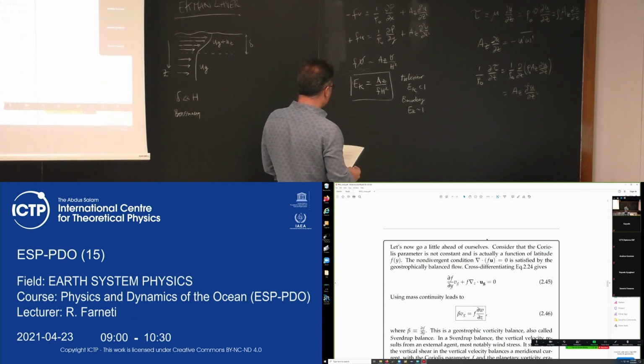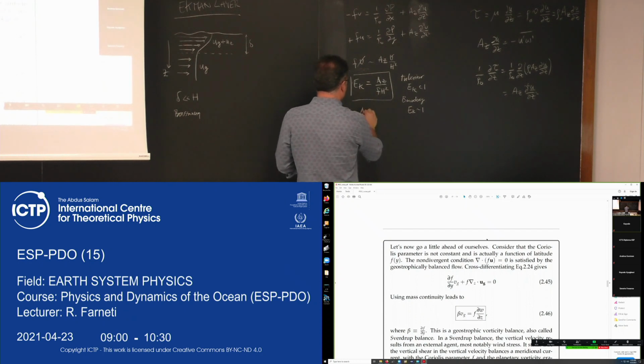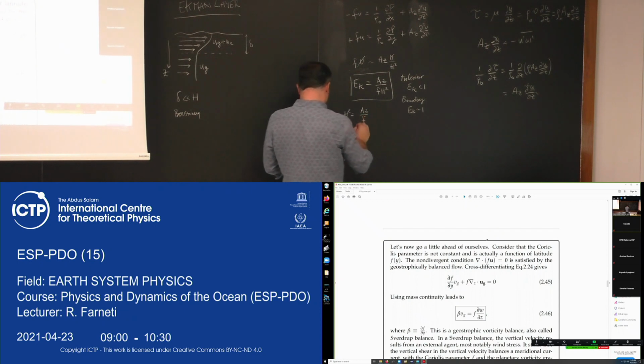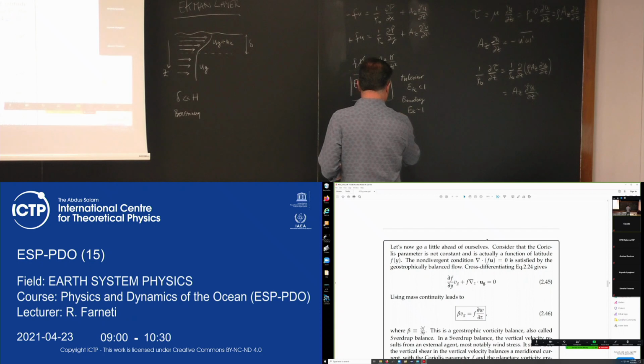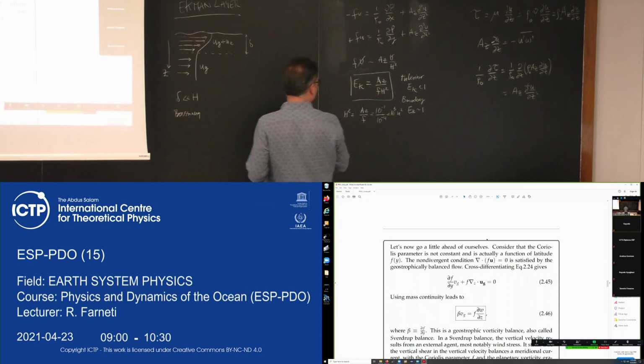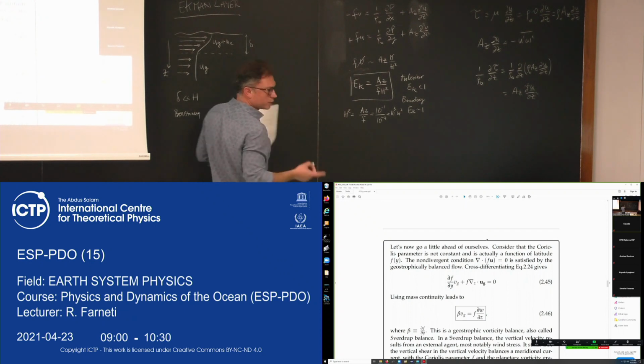And if you put some numbers there, H squared is AZ over F, and AZ is roughly 10 to the minus 1, F is 10 to the minus 4, so this is 10 to 3 meters squared. So the typical, here I'm using H, here I'm using delta, sorry.